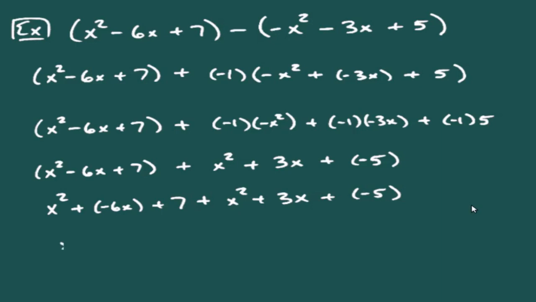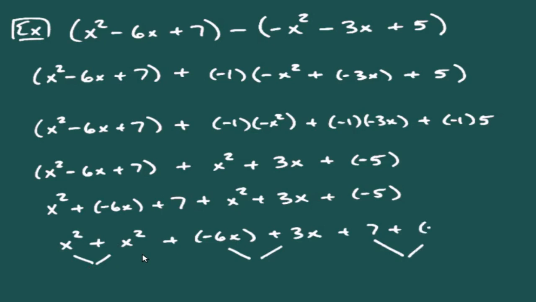Putting the like powers together, we've got our x squared plus our x squared. We've got plus our negative 6x and our 3x, because those are like powers. And 7 and the negative 5, because those are just numbers. And so x squared plus x squared gives us 2x squared.